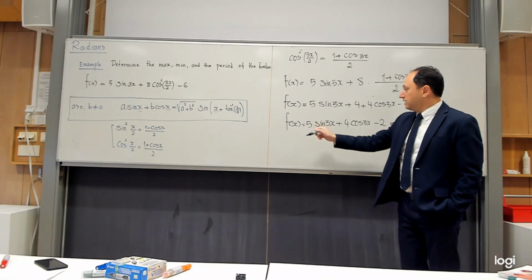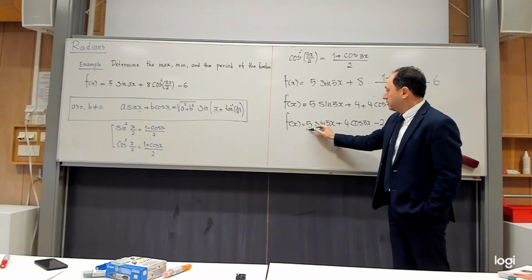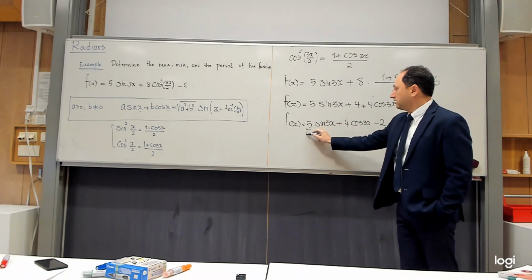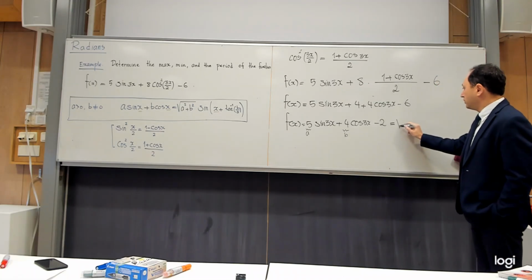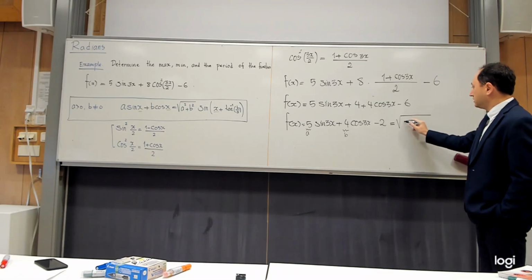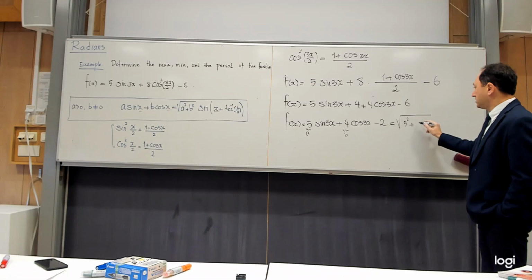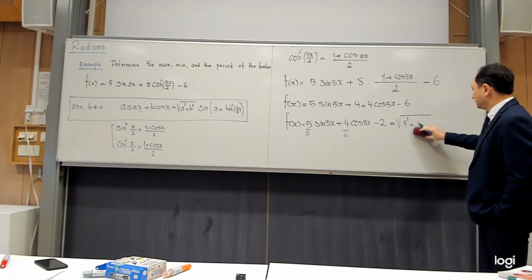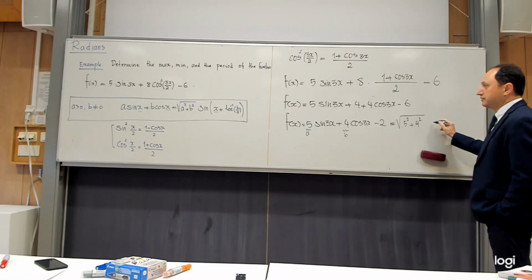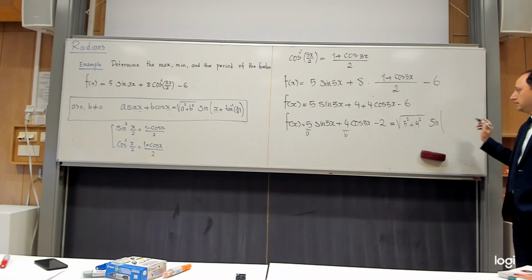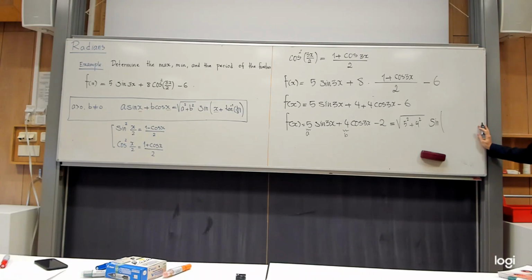This A is this number here. This is B, yes? So then it becomes the square root of A squared plus B squared. Yeah, let me write them. And then I will have sine of, what should I write here? 3x, yes?